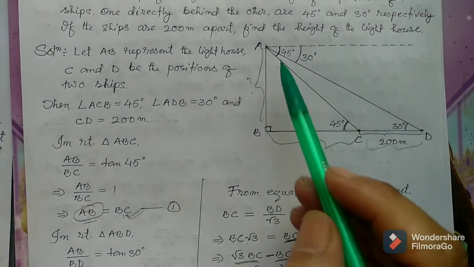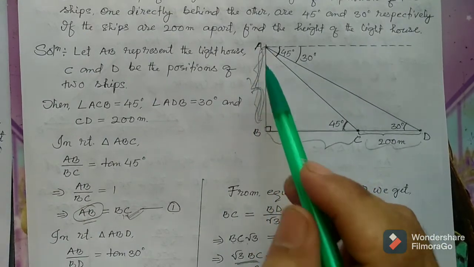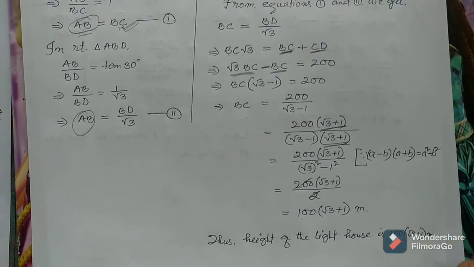And what is asked in the question is AB, which is height of the lighthouse. So here finally we conclude that height of the lighthouse is 100 whole into root 3 plus 1 meter. So this is the first textual question we work out.